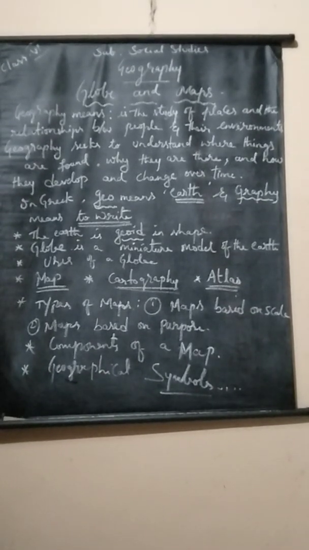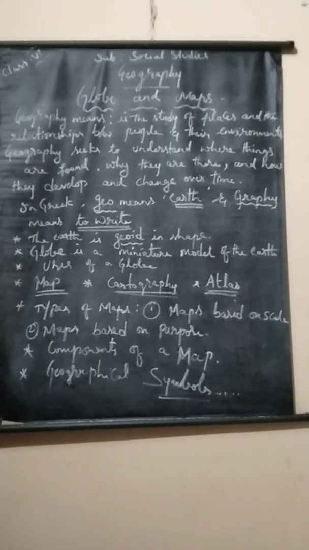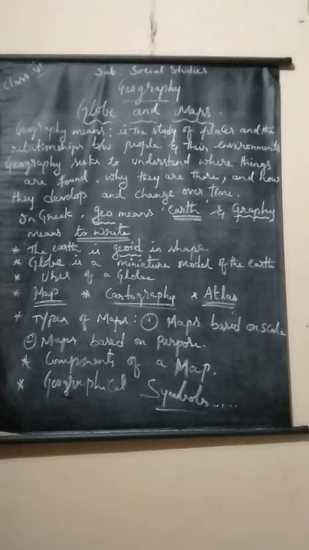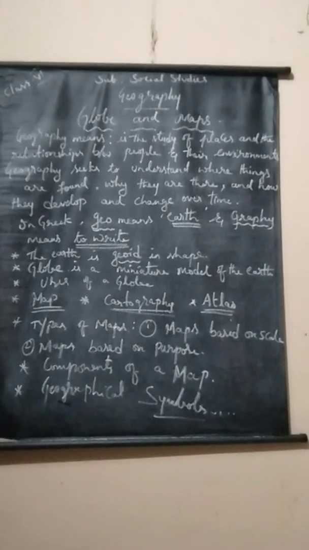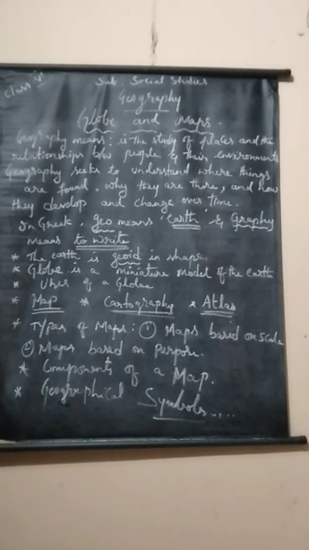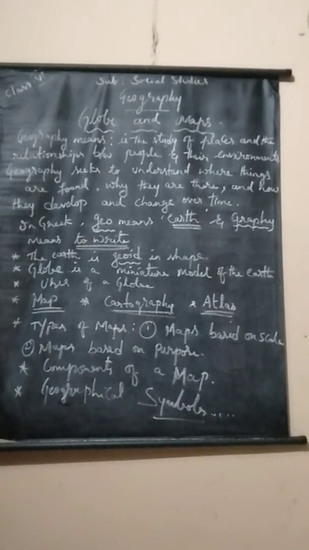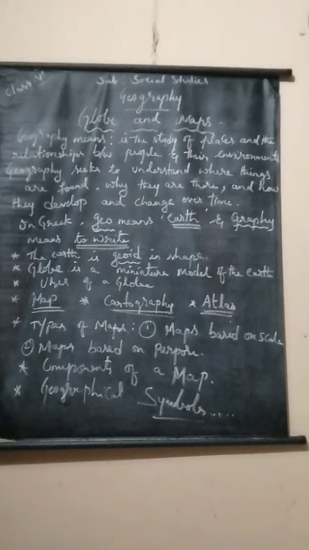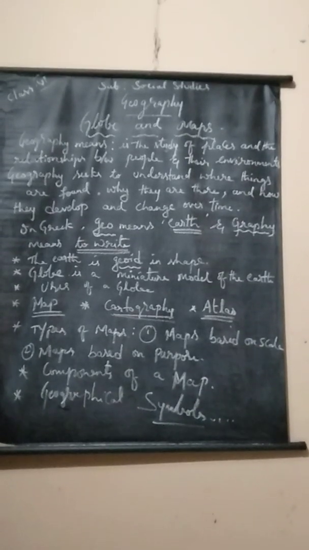A diagrammatic representation of the whole earth or a part of it on a flat surface according to a scale is called a map. And the science and art of map making is known as cartography.